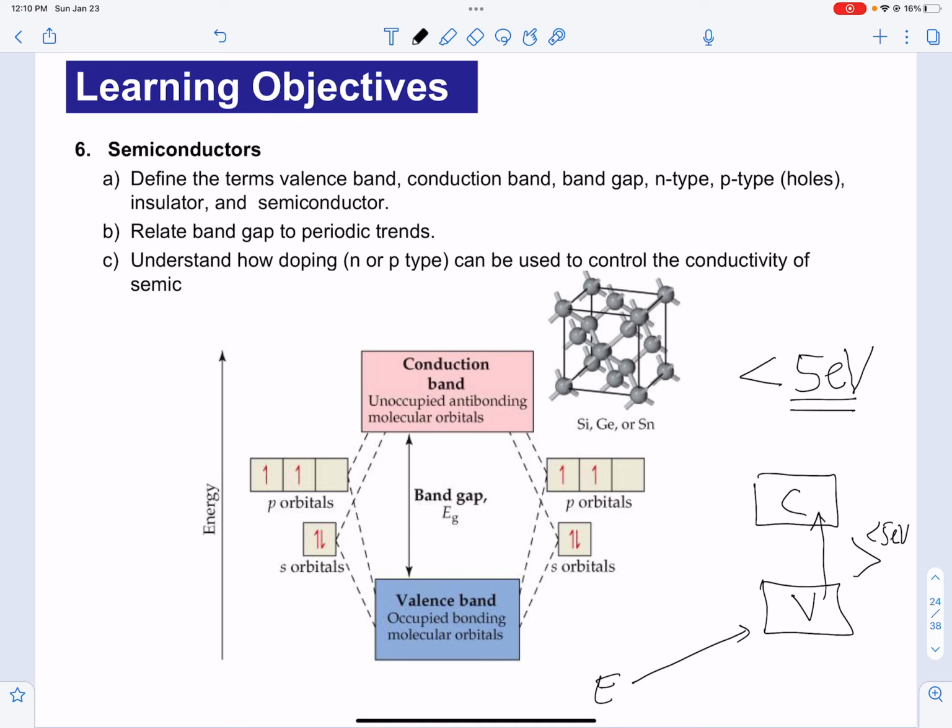That's the forbidden one. So this is where you're going to find your semiconductors. Your semiconductors are going to be when the band gap is less than 5 electrovolts, but not too small, so you can control it. That's where our technology is today. We design materials where we can control the jump of electrons, therefore having something that conducts electricity or doesn't conduct electricity, ones and zeros, and all that kind of stuff.